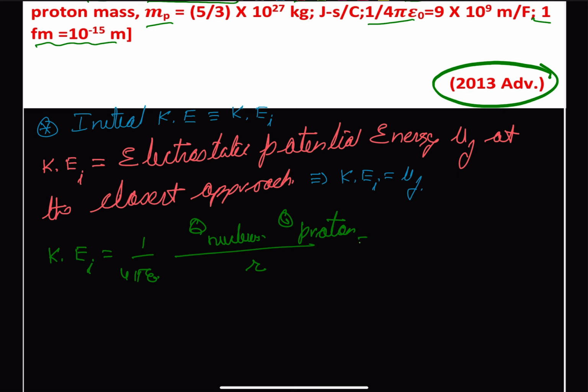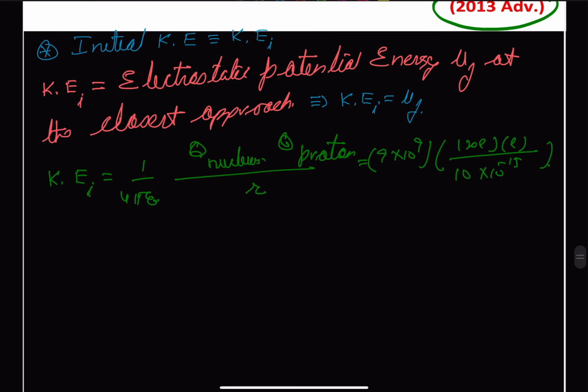We substitute the values: 9 into 10 to the power 9, 120 E multiplied by E, divided by 10 into 10 to the power minus 15. So kinetic energy initial is 9 into 10 to the power 9 times 120 E square divided by 10 to the power minus 14.